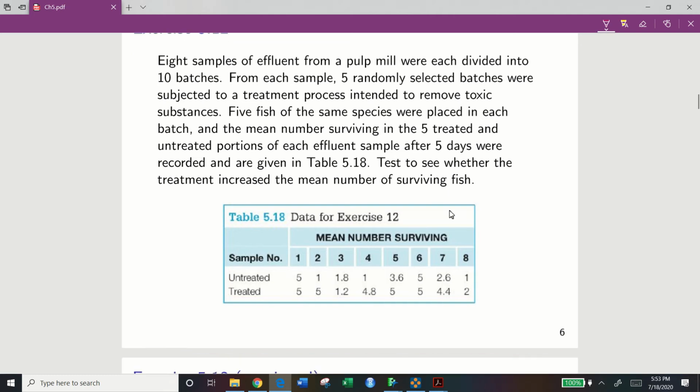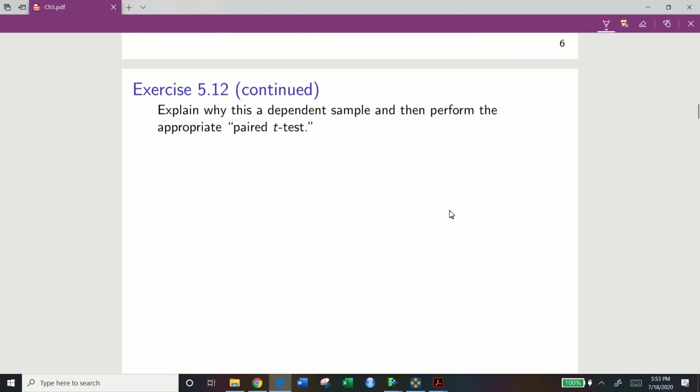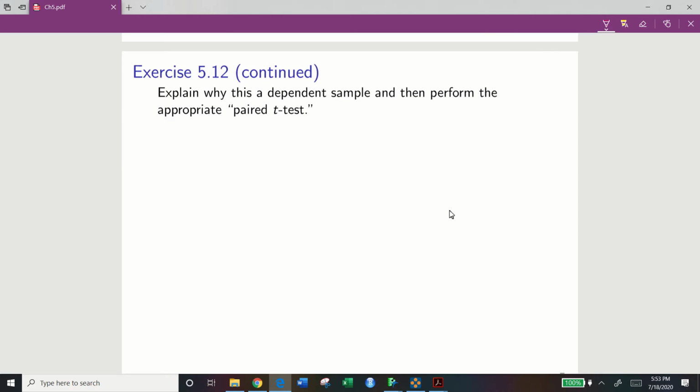Okay, so first off, we want to explain why this is a dependent sample, and then afterwards we can perform the appropriate paired t-test. That's what we like to call our test when we are working with dependent samples. We generally refer to them as paired tests, or specifically paired t-test.